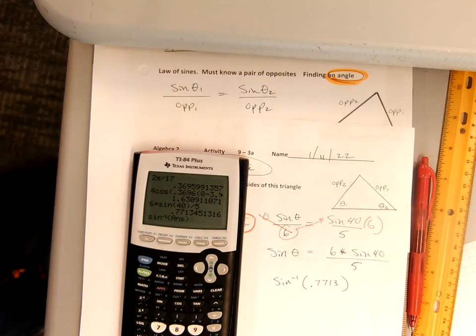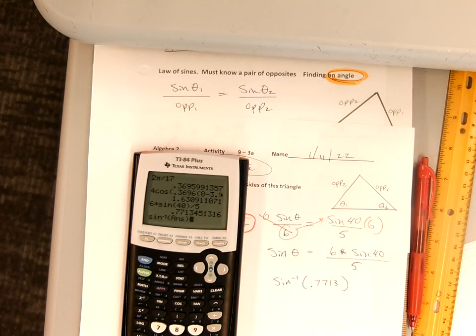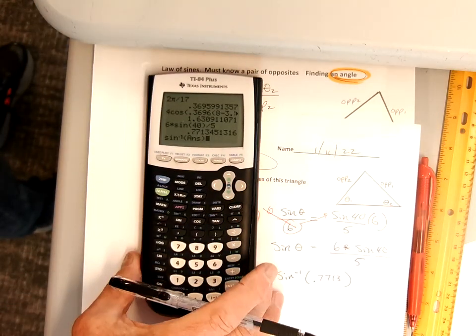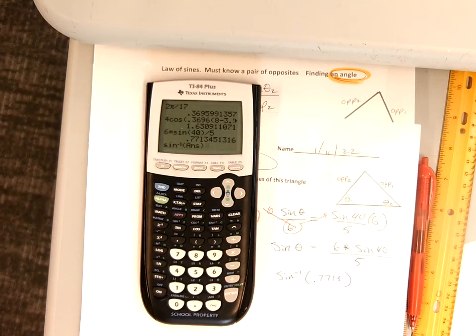To save us accuracy and time, in my calculator, in blue, is this ANS, which stands for answer. I didn't have to type the 0.77, I just push answer and then it jumps right in. Does that make sense? This little blue button means the last answer. Now, if I push enter, I should get an angle.